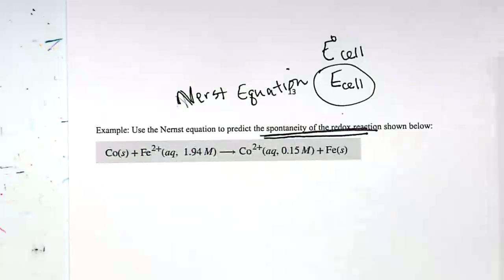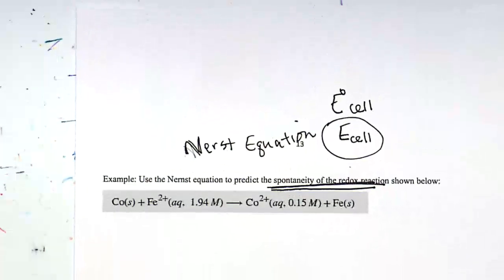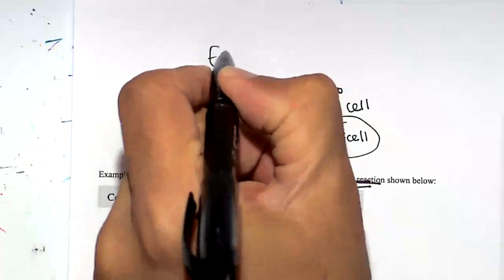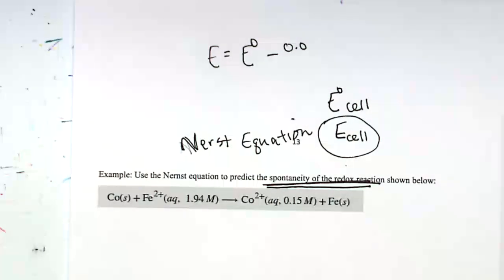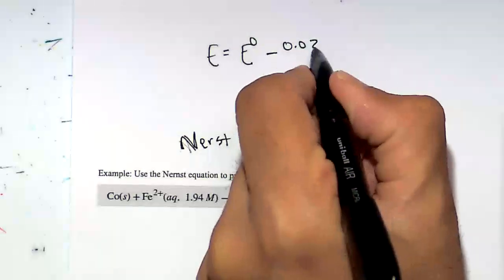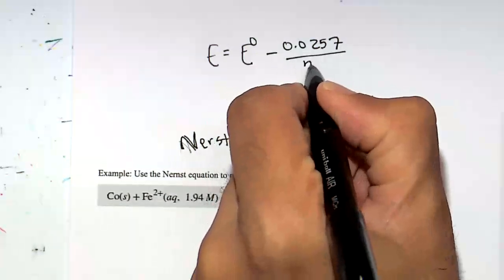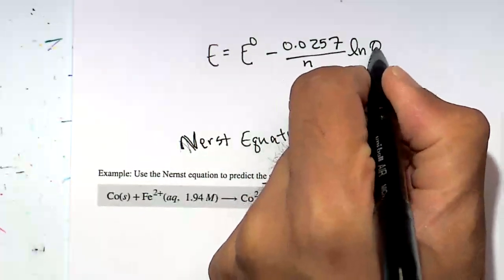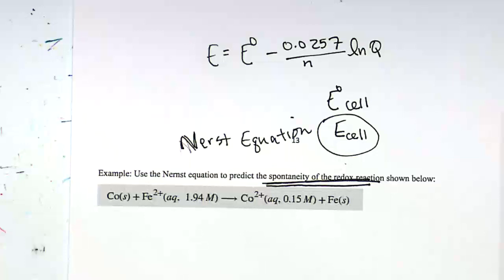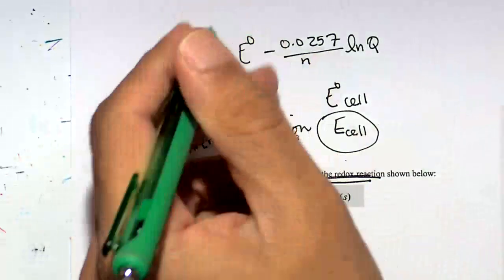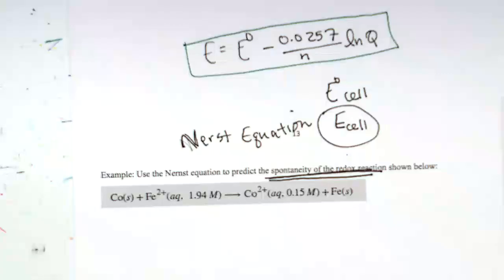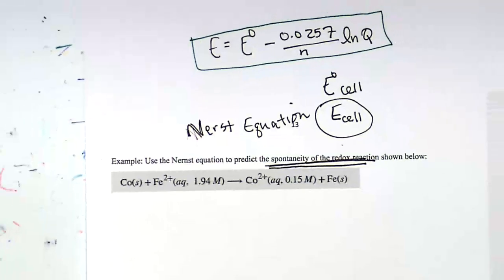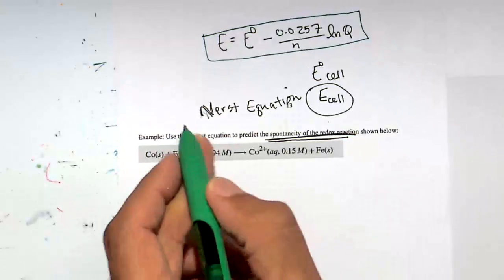The Nernst equation is... that's the Nernst equation, so I'll give you that. You do not have to memorize it. We're going to use this equation to solve this problem.